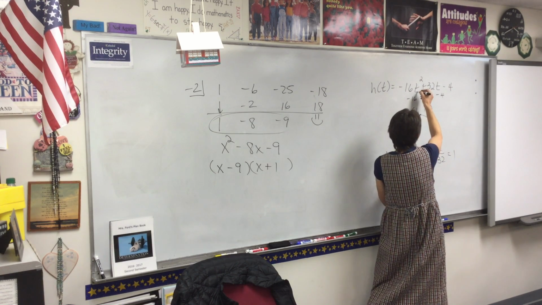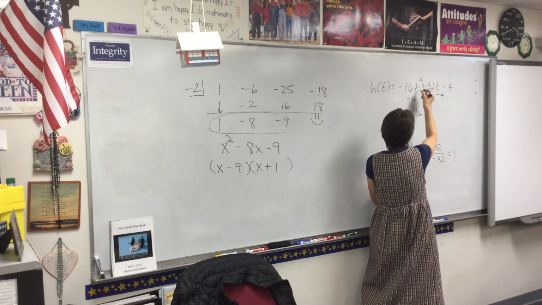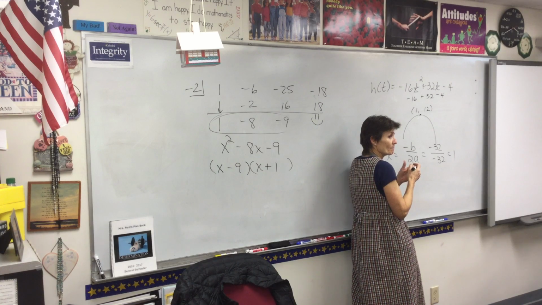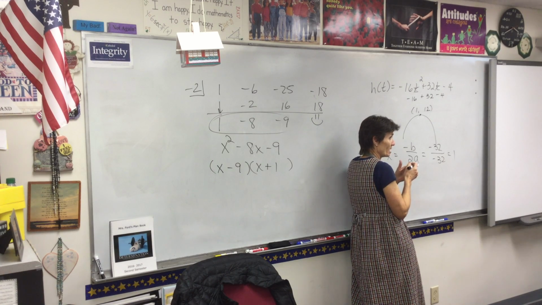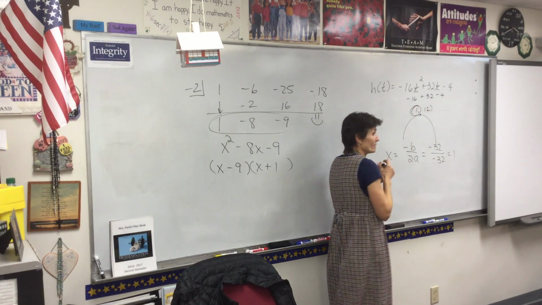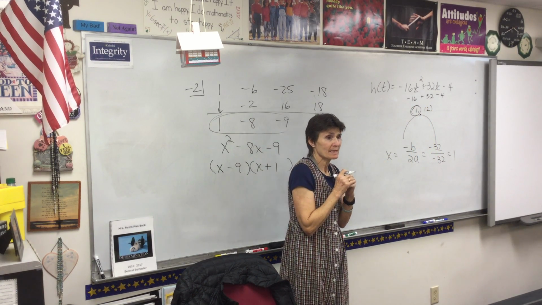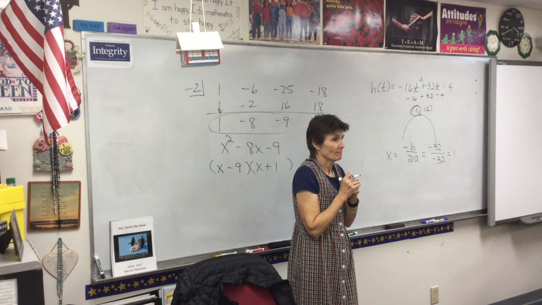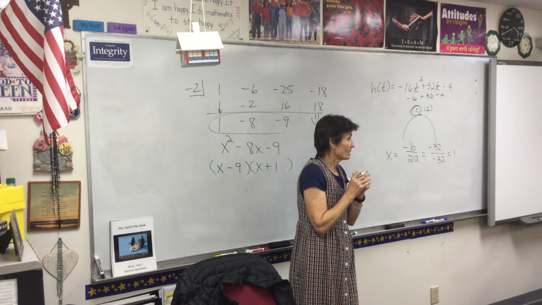So T, which I used as X, right? That's where X normally is. That is your time. So when does it reach its highest point? 1 second. What does the 12 represent? How high it goes.